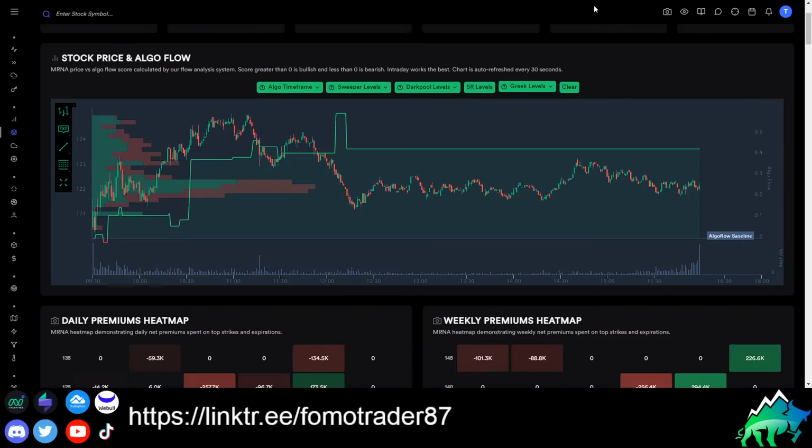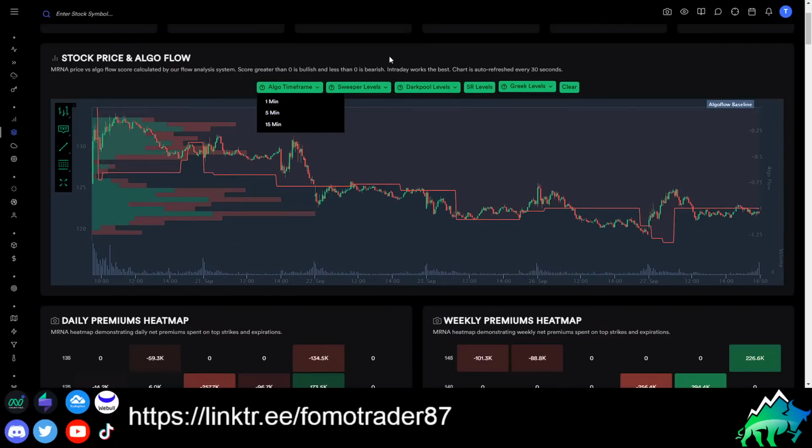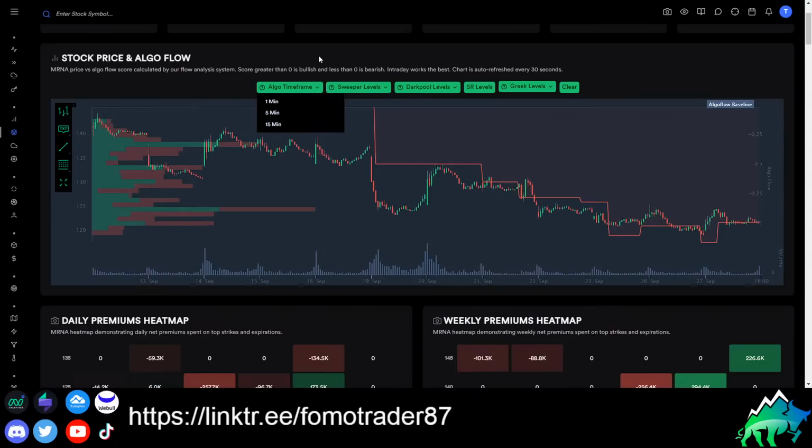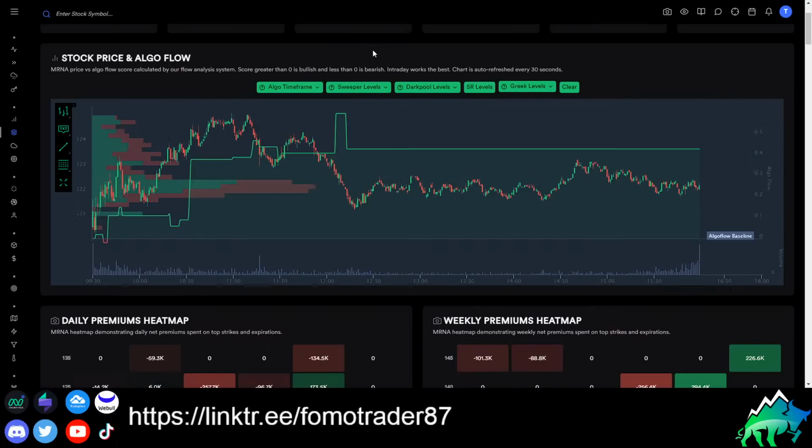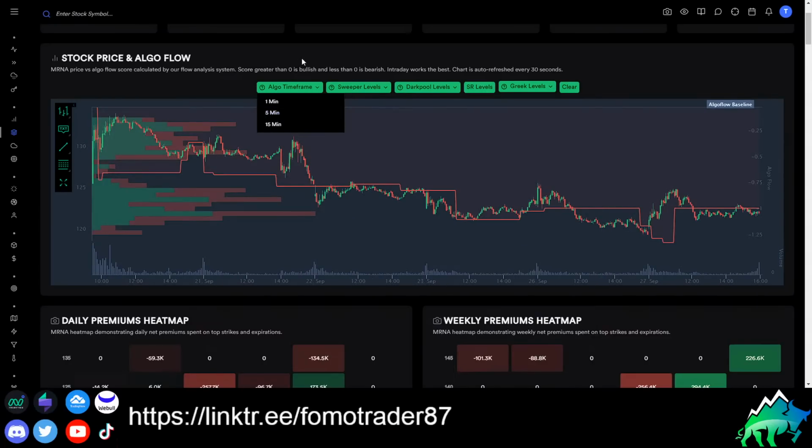So mRNA, we have a bearish algo flow for the bigger time frames, but bullish for the smaller time frames. If we look at the 1 minute, that just shows today from 9:30 a.m. till 4 p.m. If we look at the 5 minute, it goes all the way back to the 21st.